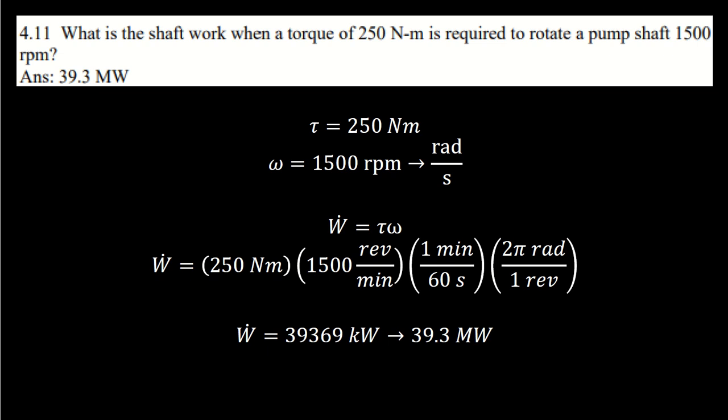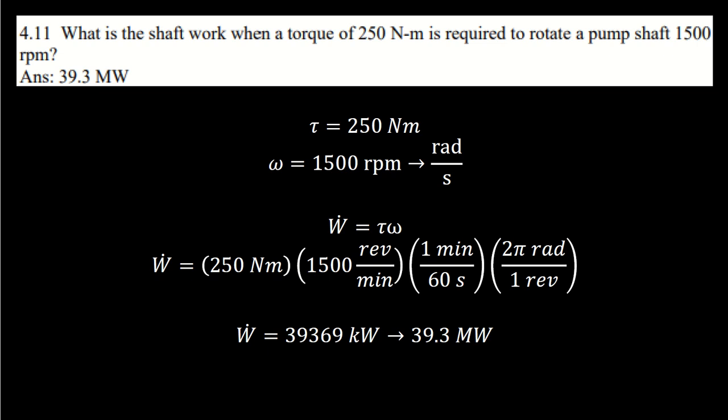And what that ends up giving us is 39,369 kilowatts, which is a Newton meter per second, Newton meter radian per second. That gives us 39,369 kilowatts. And more often than not, your textbook will take these answers in megawatts.